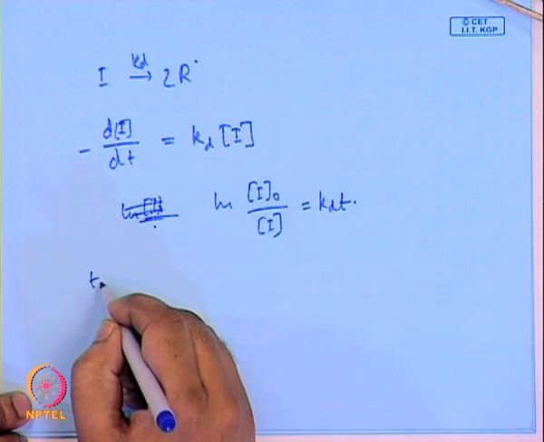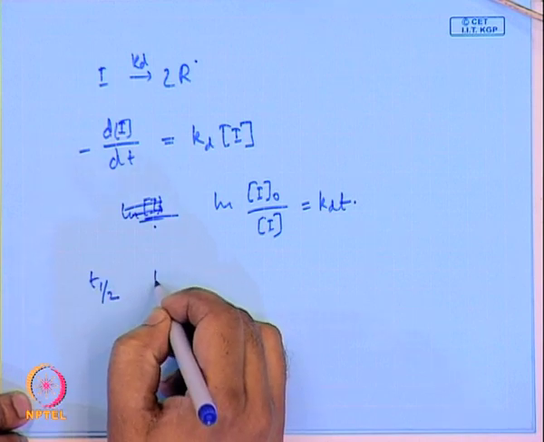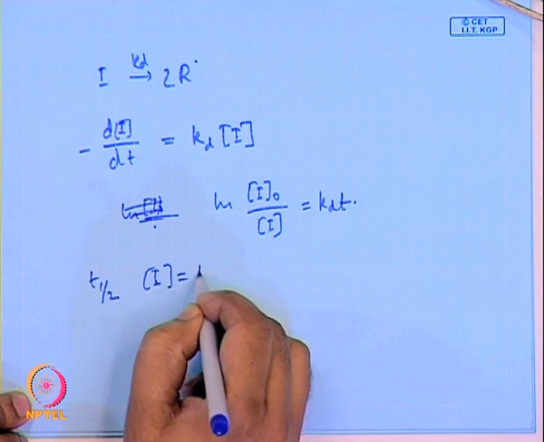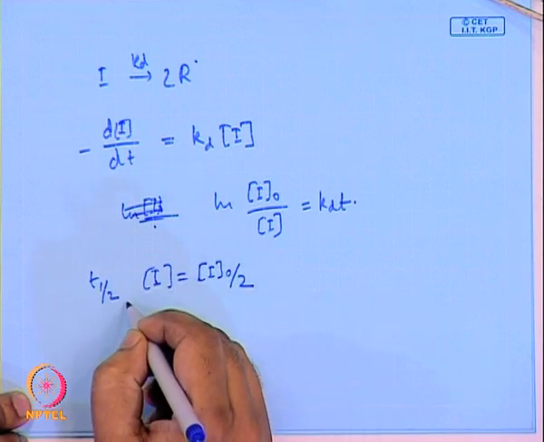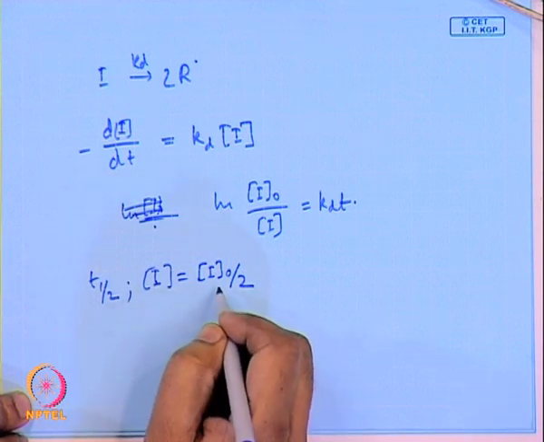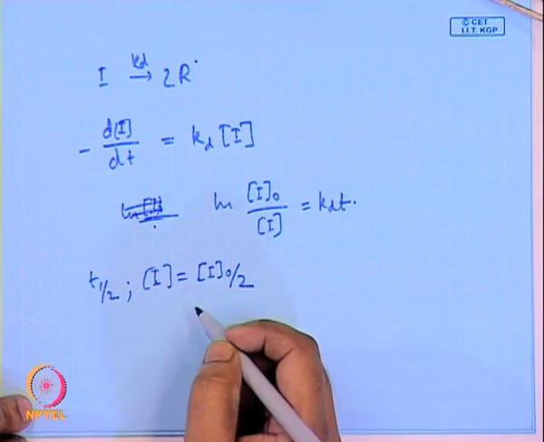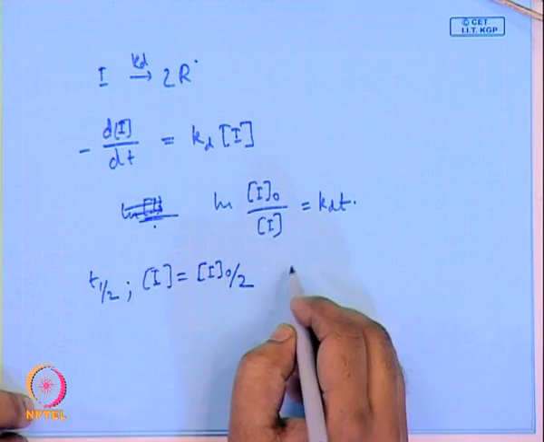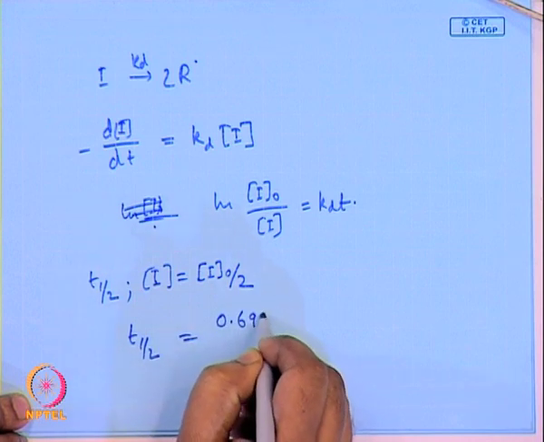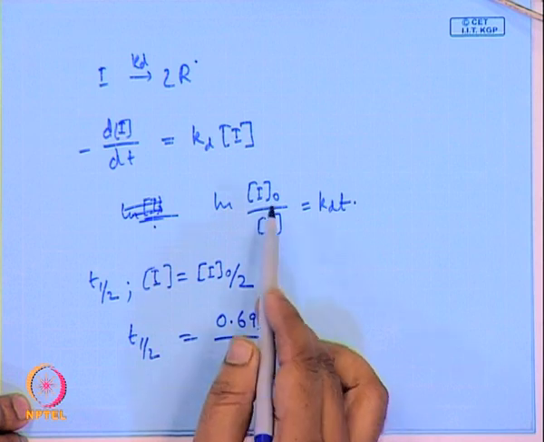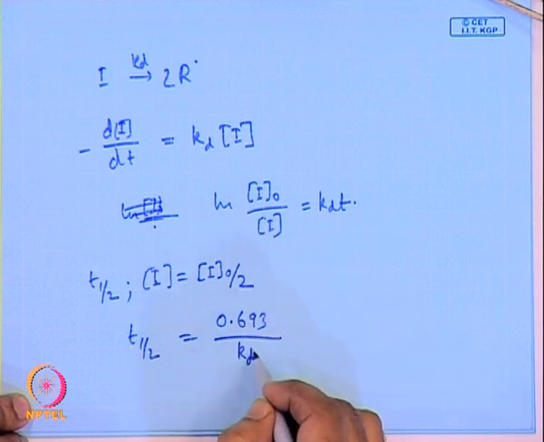Now, if you define t half as the time where the concentration of initiator has halved, where I is I0 by 2, then you can write t half, putting I as I0 by 2, and you can get this.